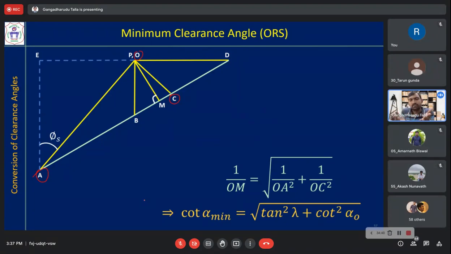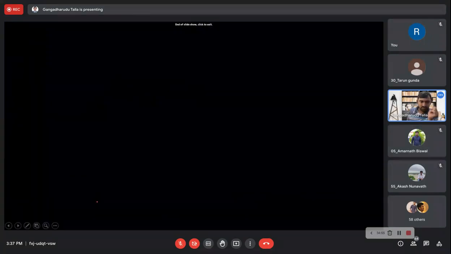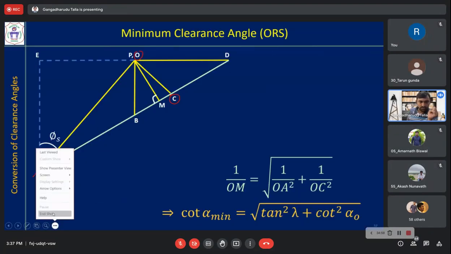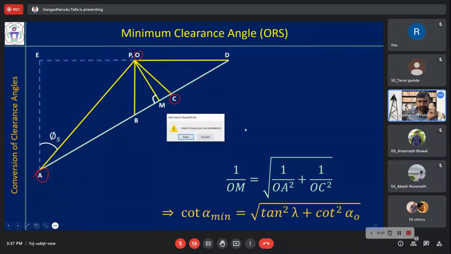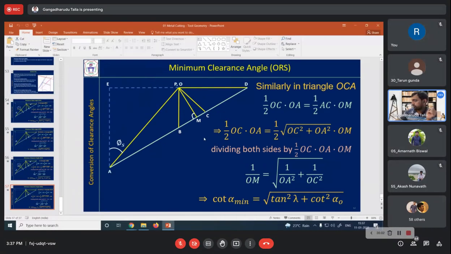Similarly, we have seen the relation between alpha minimum and the ASA system, and gamma maximum with the ASA system and ORS system. So this is all about the tool geometry.